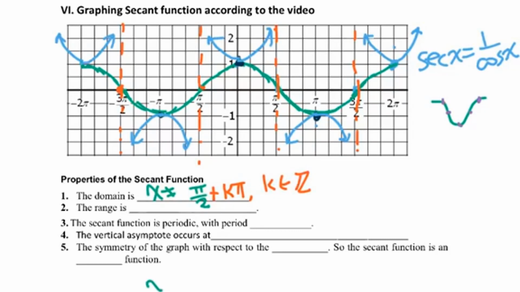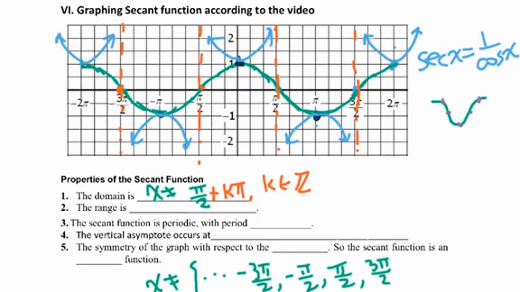Or you can write x not equal to, then just list them: negative 3 pi over 2, negative pi over 2, then pi over 2, 3 pi over 2, then keep going.